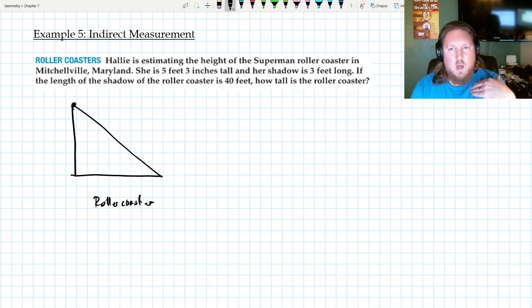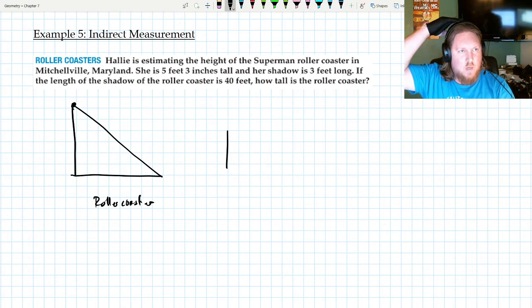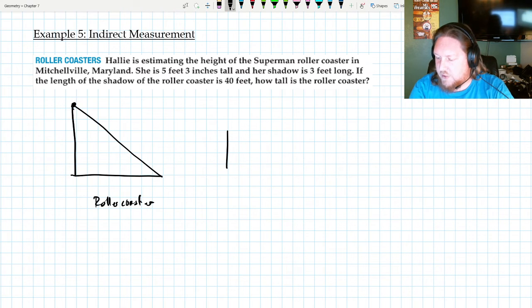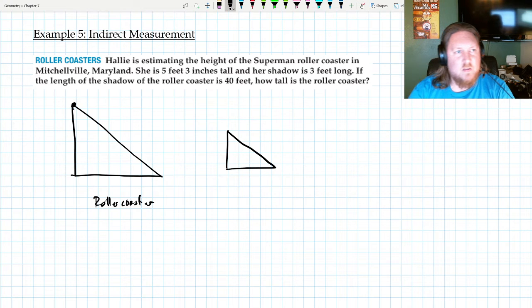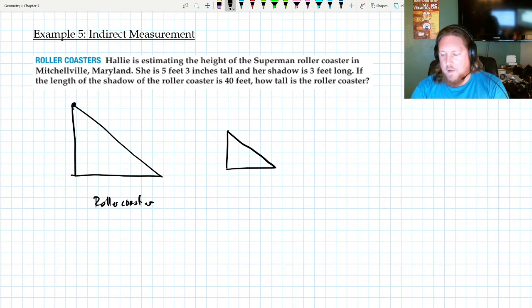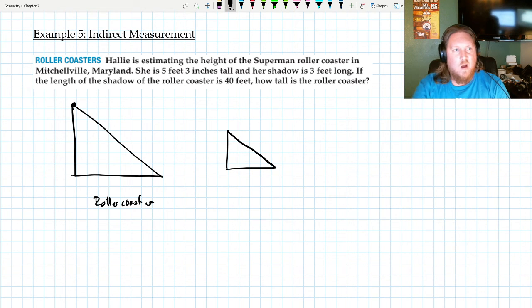Now, Haley, she is obviously some height, and the top of her head is going to be casting her shadow. And guess what? Because the sun is so far away, these two lines from the top of the highest point to the end of the shadow are parallel to each other, and you're assuming that everything is perpendicular.